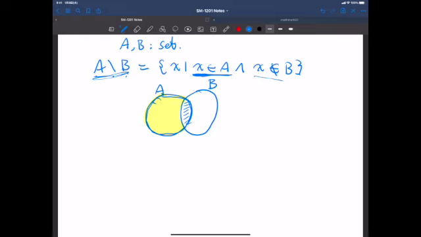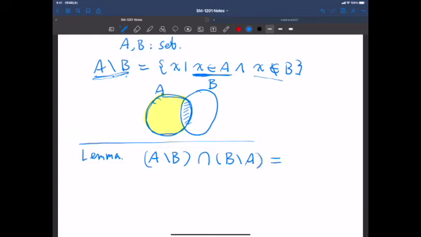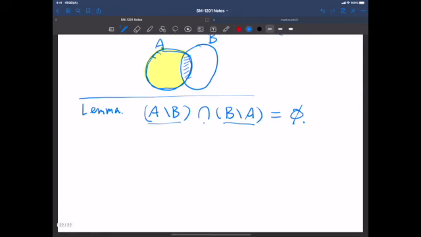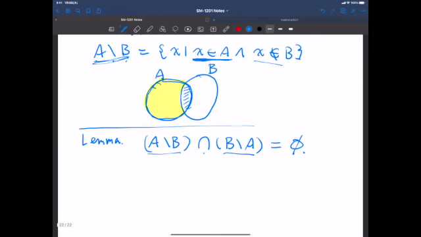And related to this, let me give a small lemma. A minus B and B minus A are disjoint. So A minus B cap B minus A is empty. So there are no common elements of these two.